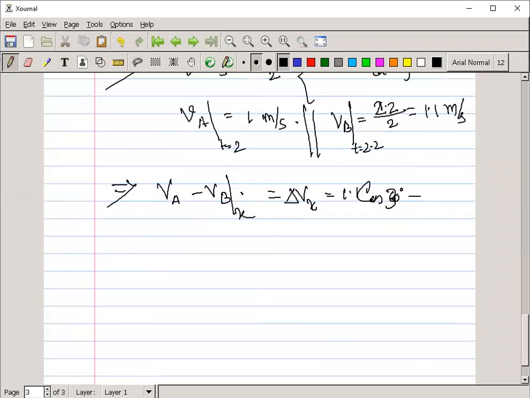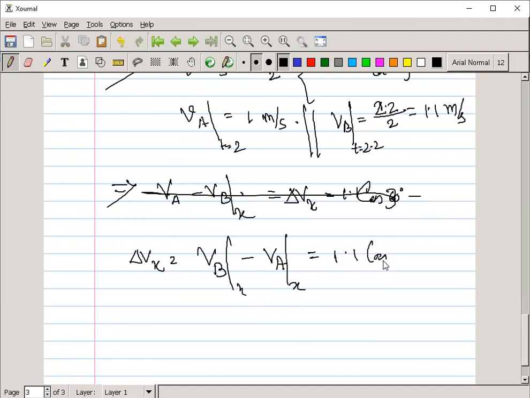It is better to write del Vx equal to Vb minus Va along x. That means 1.1 cos 30 degrees minus 1 cos 60 degrees, because B is at 30 degrees and A is at 60 degrees.